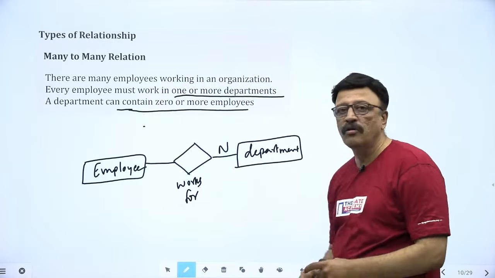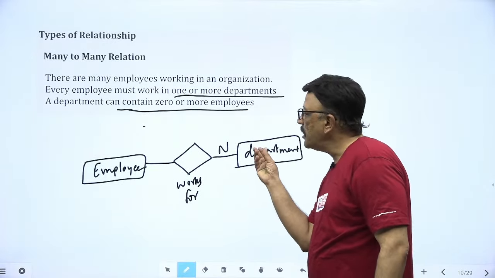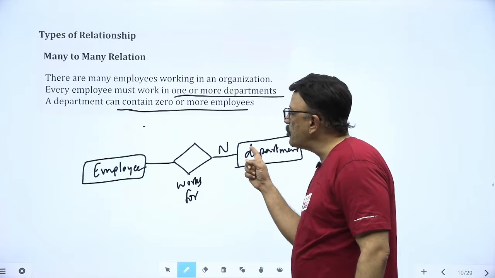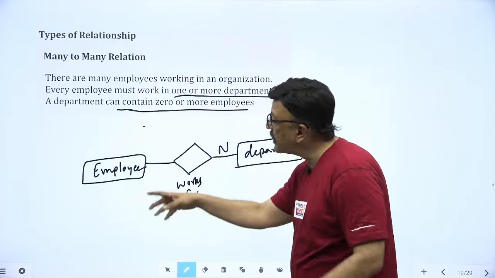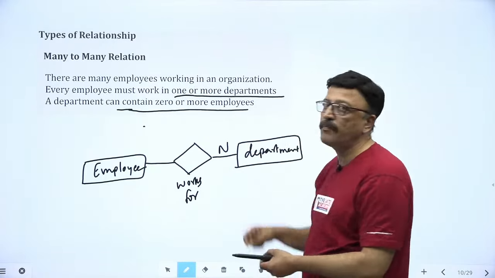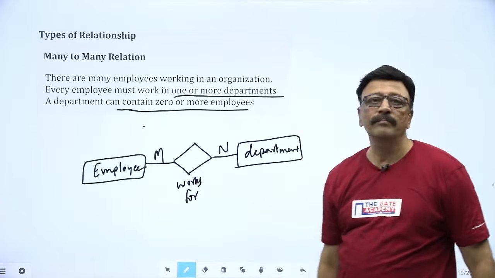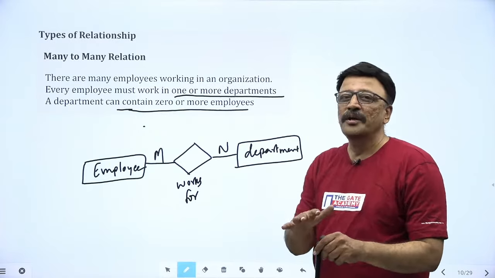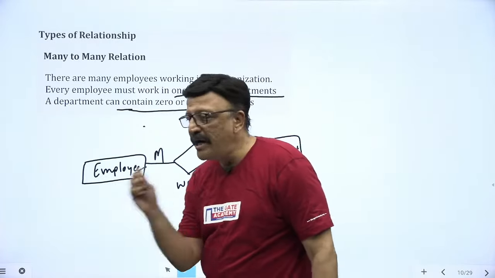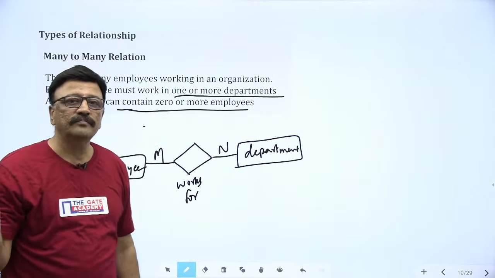Ask a department now. Accounts department, how many employees are working? This department may say E1 is working, E2 is working, E3 is working, E4 is working, 100 people are working in accounts department. That means this is also the many side. Write it as M. We don't write N generally, we write M. So seeing M and N emphasizes the point that this is a many to many relation.